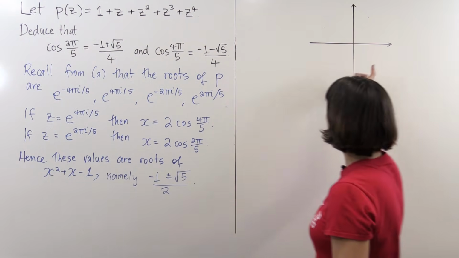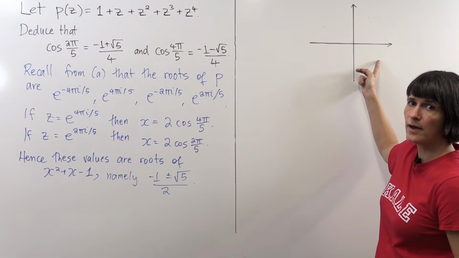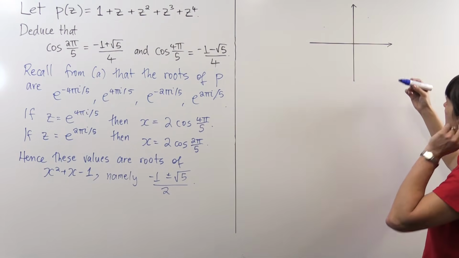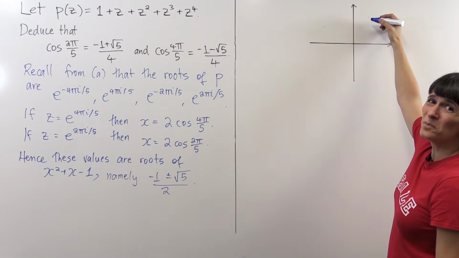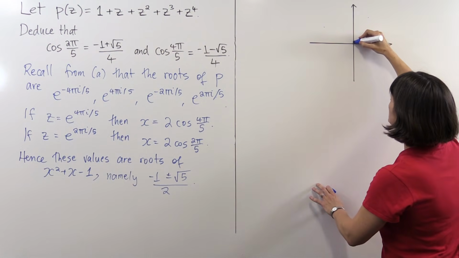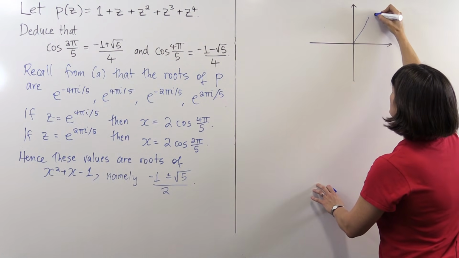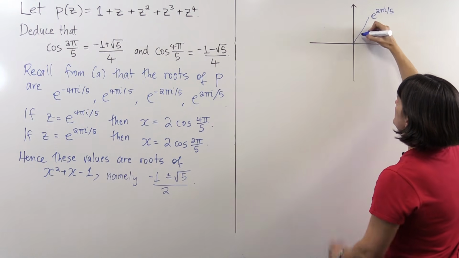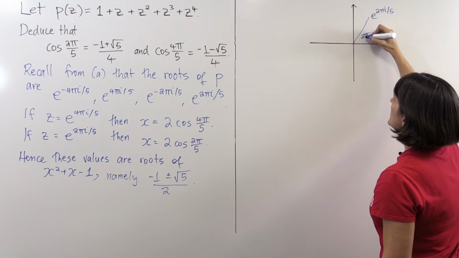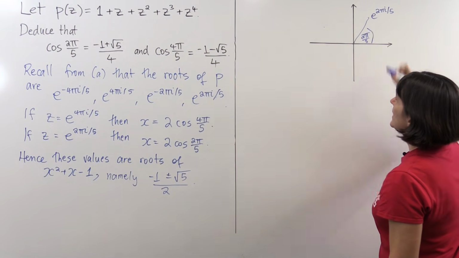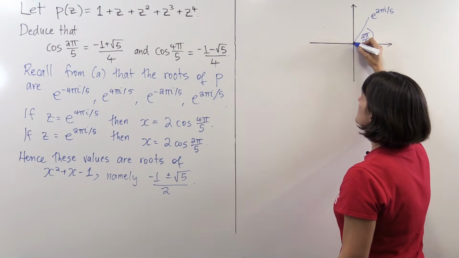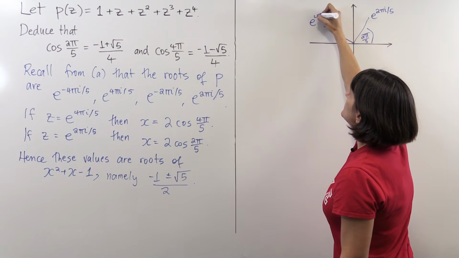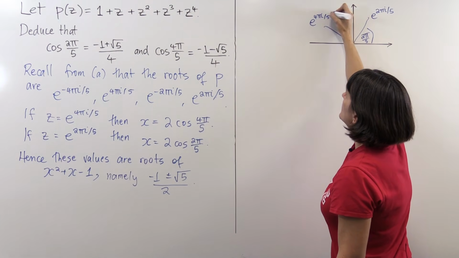Well, we can look at where the angles 2 pi on 5 and 4 pi on 5 fall on the Argand diagram, I guess. I've put these little dots in to help me make my diagram neat, but you can see that this first one up here is e to the 2 pi i on 5. So this angle here is 2 pi on 5. Okay? And the other one, all the way over here, pretend that's a straight line, please, is e to the 4 pi i on 5.